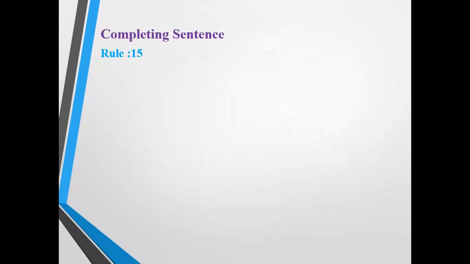In the last class, I discussed rule 1 to 14. Today, I am going to start rule 15. Dear students, let's see: I would rather die. If there is would rather in an incomplete sentence, you should follow the structure: subject plus would rather plus verb in the present form, then after than, verb or noun.